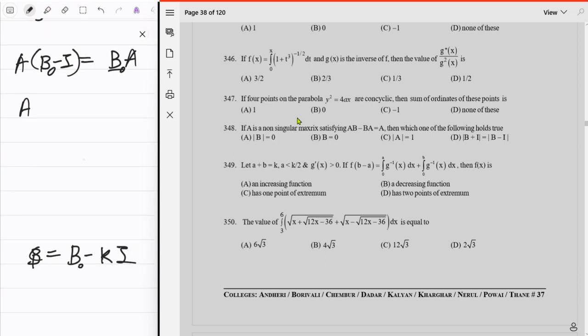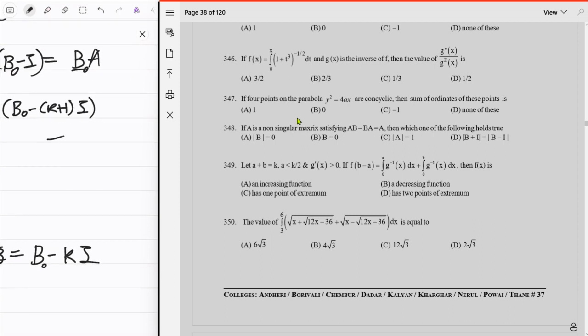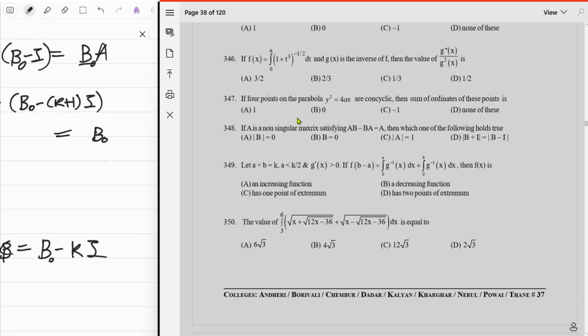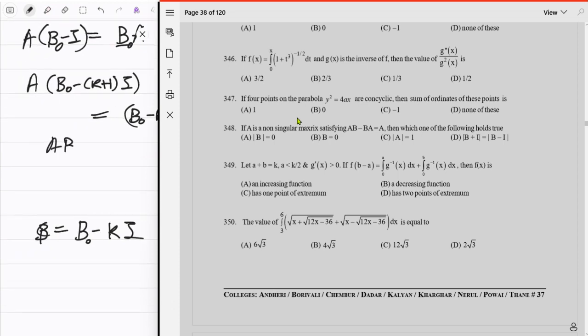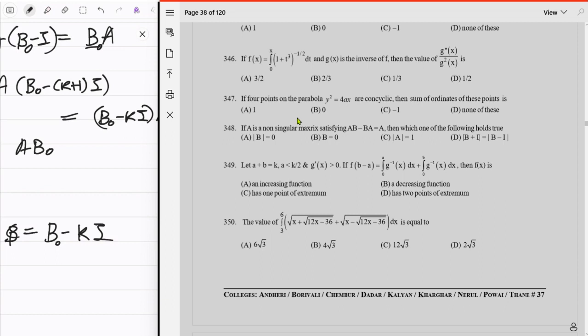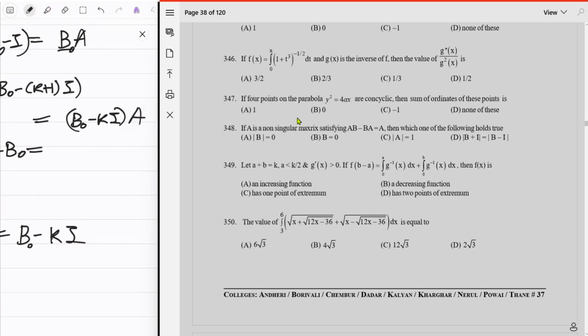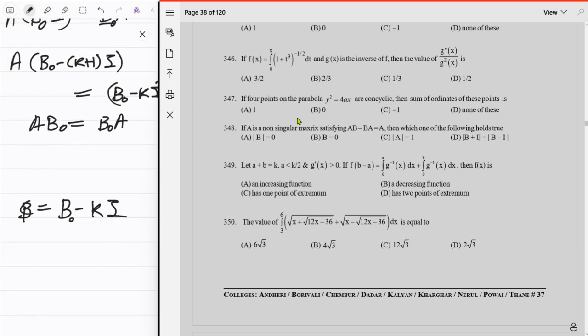This works, that's what we know, and then you just have b naught minus ki ऐसे पुट किया, so like b naught minus k plus 1 I, that is equal to b naught minus ki applied on A, which means like A b naught minus k plus 1 A आएगा, फिर यहाँ पे minus k, right? Actually that somehow cancels out. This is equal to what, b naught A. Well, that cancels out. Awesome. It's just once again just minus A वहाँ पे. Yeah, it actually works out. That's something we know. Cool.